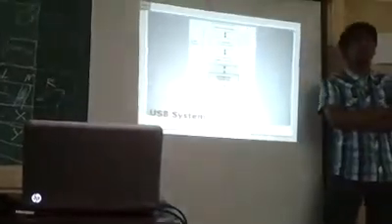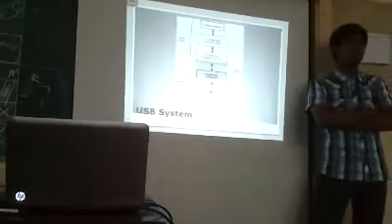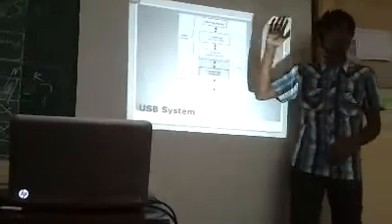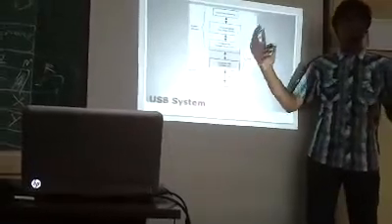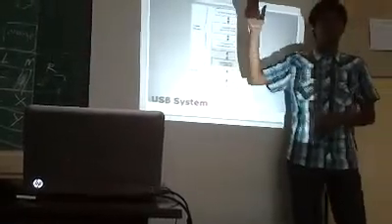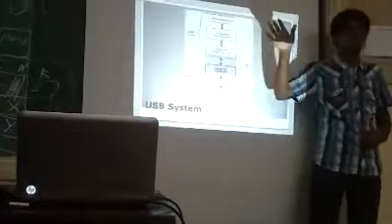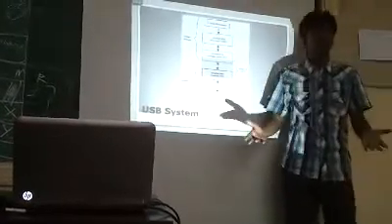Right. So right now we are at the level where the USB controller recognizes the mouse data sent by the mouse. So what to do with this data? There should be some application which needs this data, right?